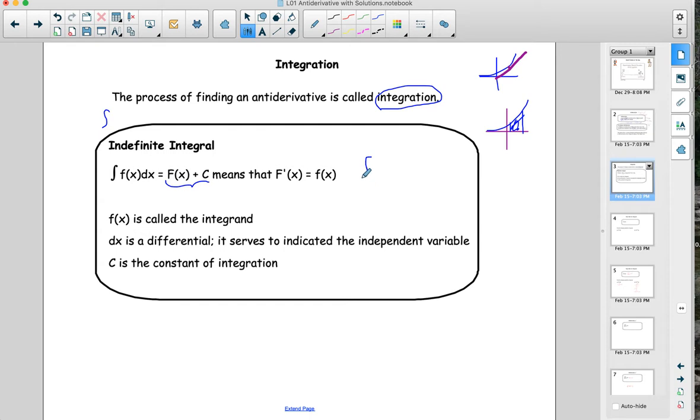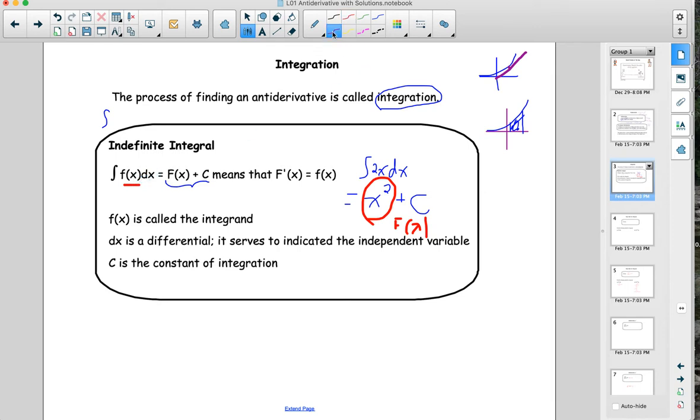So let's say we wanted to do the integral of 2x dx. Then we would have the antiderivative x squared plus any constant. And note, this is capital F(x), and the derivative of capital F(x) is indeed equal to 2x, which is our f(x) here.